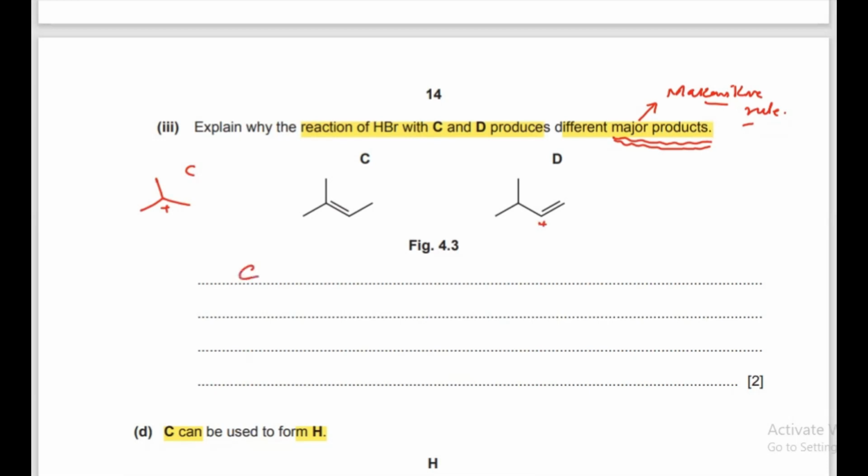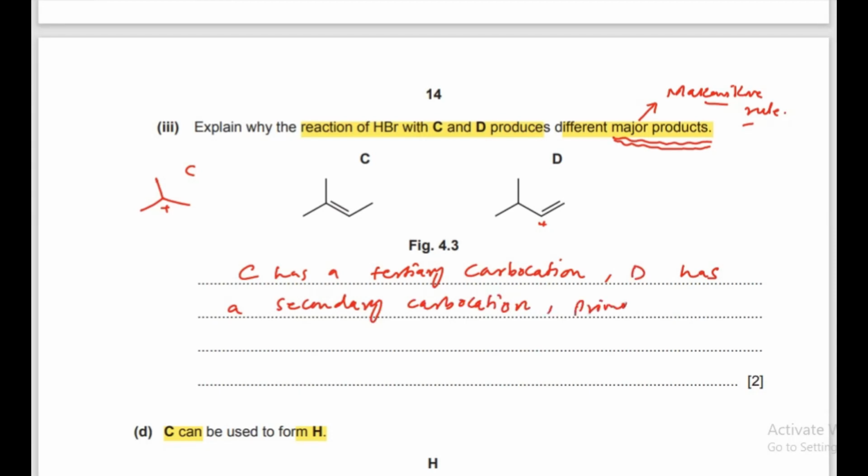So first of all, we have to mention that C has a tertiary carbocation, then D has a secondary carbocation. It also has a primary as well.